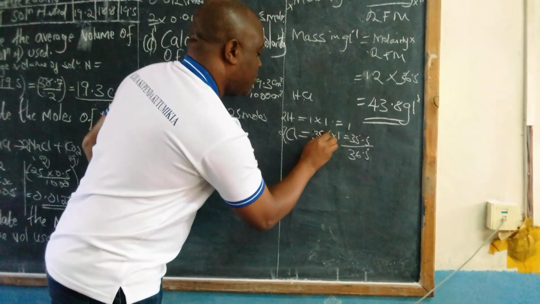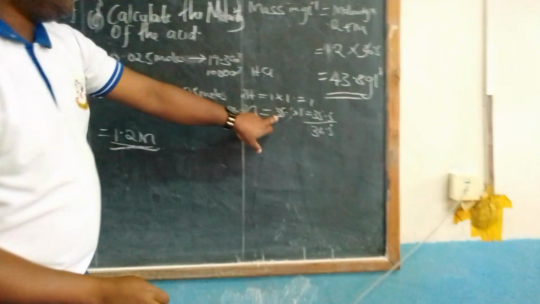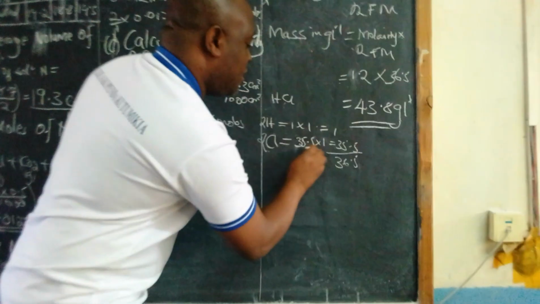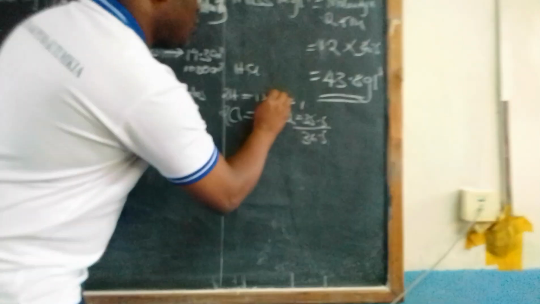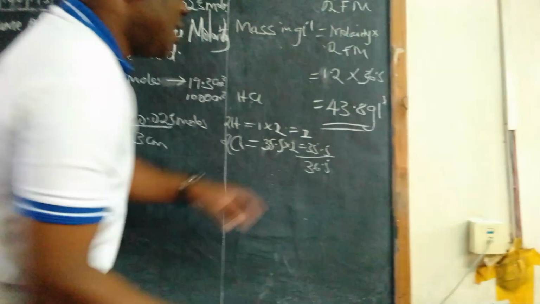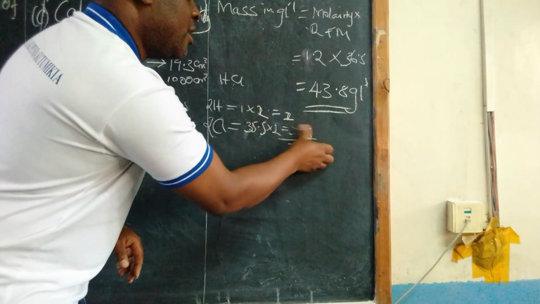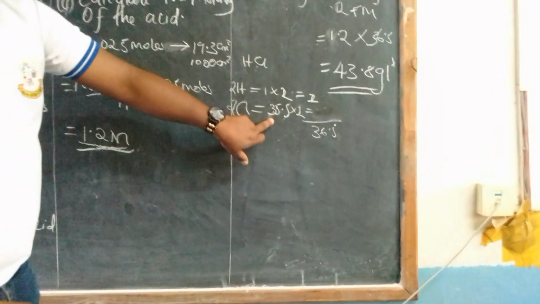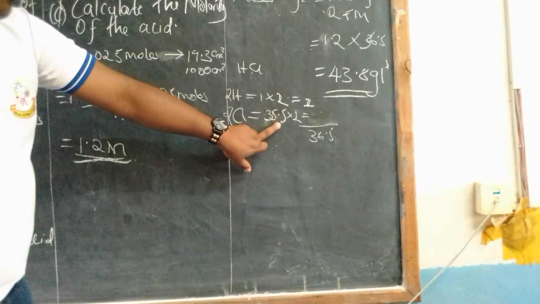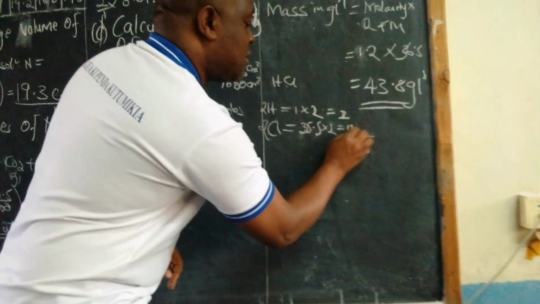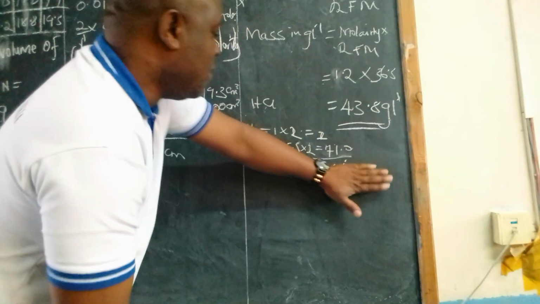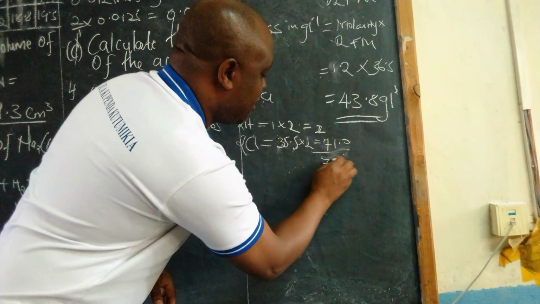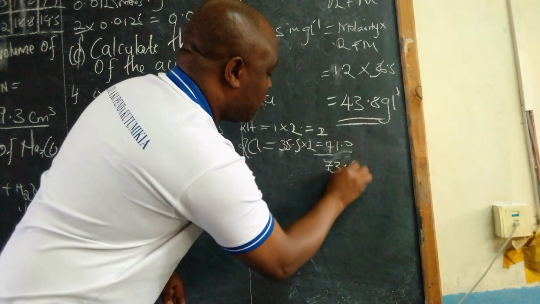The relative atomic mass of chlorine is 35.5. Here we multiply it by 2, and then we also multiply by 2 here. Because 35.5 times 2 is 71, right? Yes. So we find it to be 71.0. If we add everything now, we get 73.0.